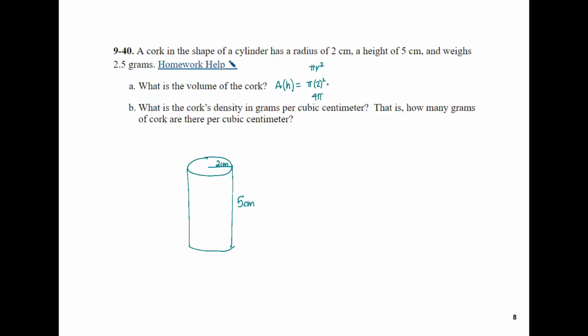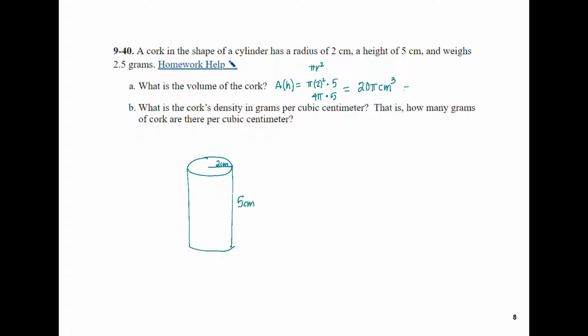We then want to multiply that by our height of 5. So we get 20 pi centimeters cubed is the volume of our cork. And what is the cork's density in grams per cubic centimeter? That is, how many grams of cork are there per cubic centimeter?